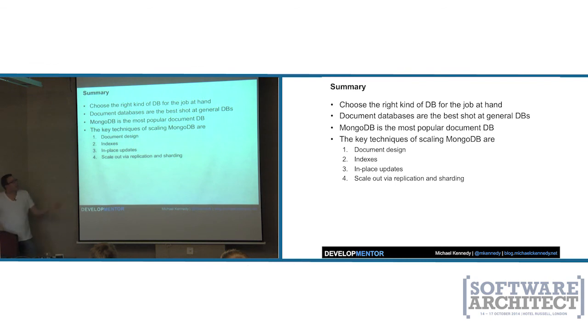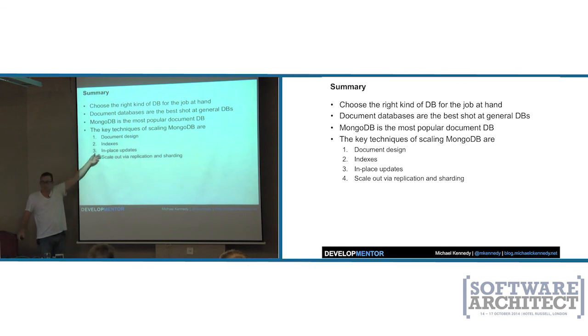And then we looked at 4 things to make it faster. Obviously, document design is super important. So you want to think about, just when you get started, how that works. It's not strictly a performance thing. You have to do it just to even use the app. But it has an impact on performance. And then indexes: turn on profiling, click around in your app, see what was slow, fix it with indexes, repeat.